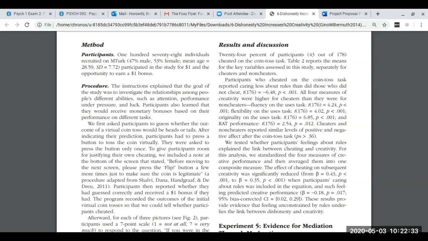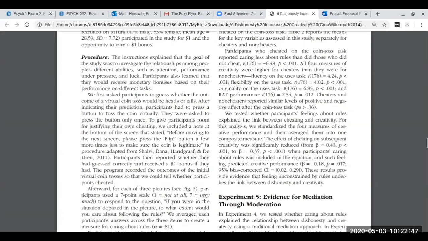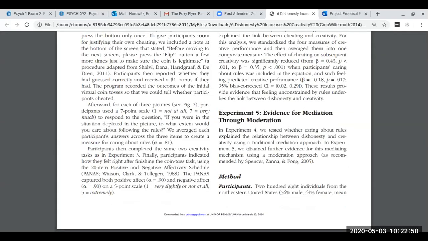These results provide evidence explain the relationship between dishonesty and creativity using a traditional mediation approach. In this new experiment, 5, we obtained further evidence for this mediating mechanism using a moderation approach.